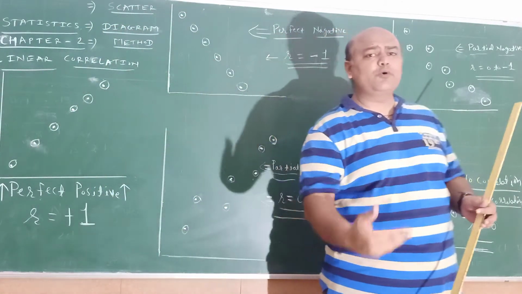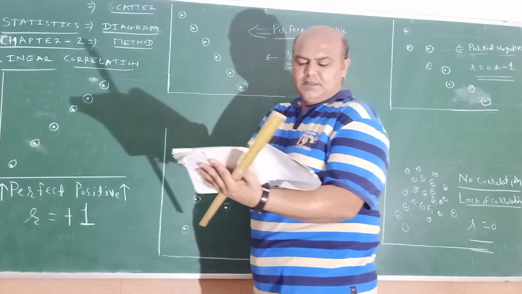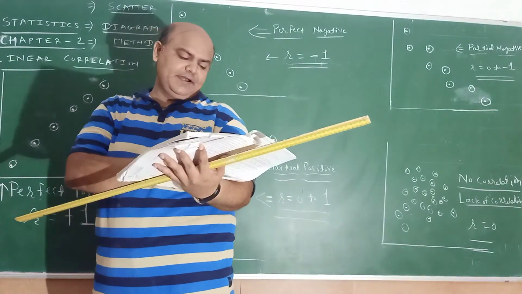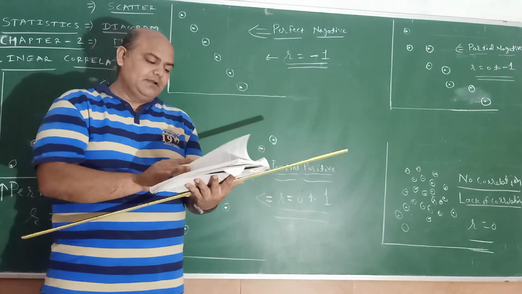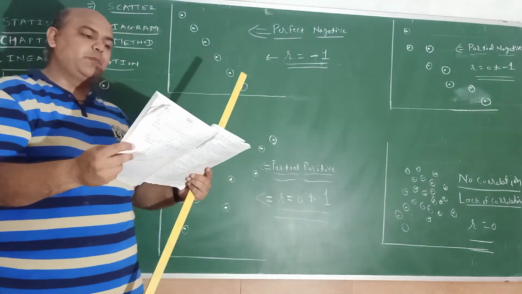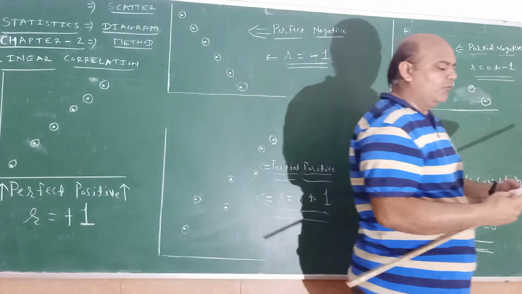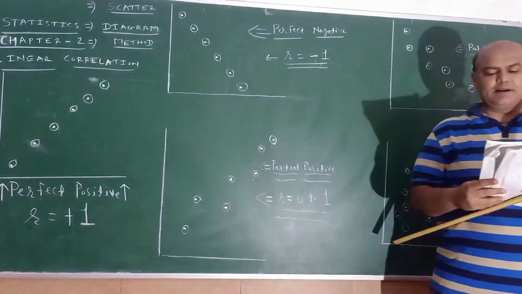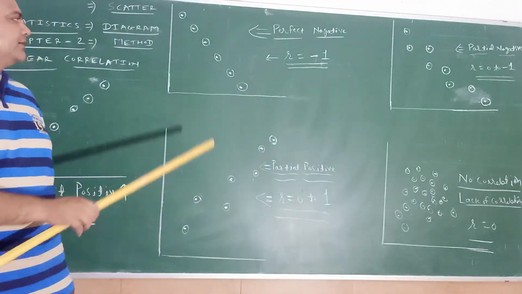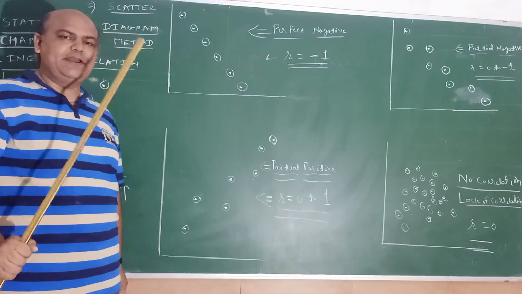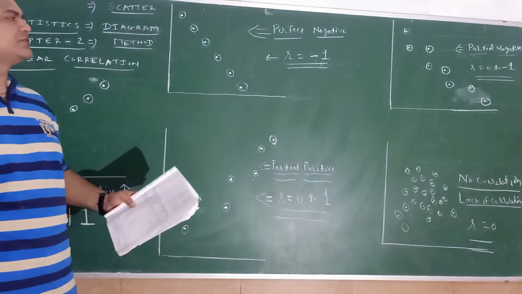These types are also explained in your textbook. If you refer to the textbook, page numbers 60, 61 and 62, they explain the whole thing: all the points are in the scatter diagram, one line, and if the line goes in the downward direction from left to right, in a straight way, it is called perfect negative correlation. r equals -1.